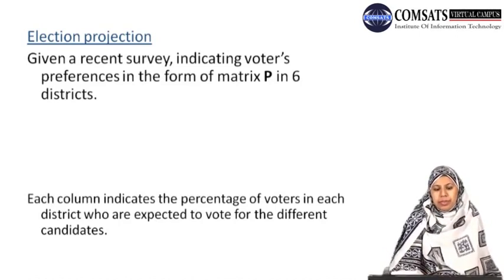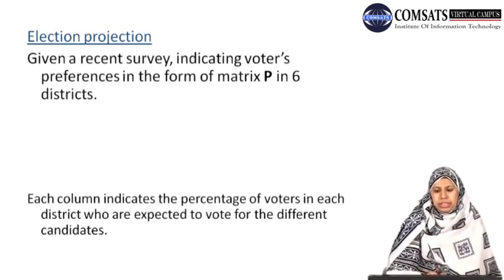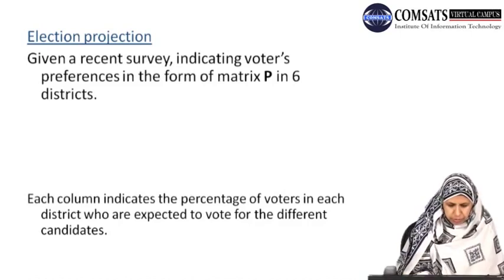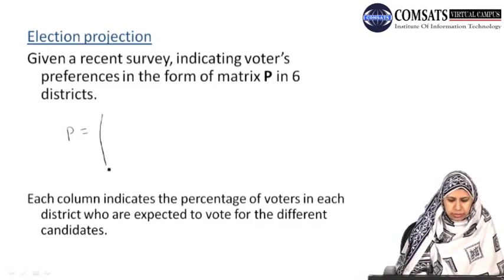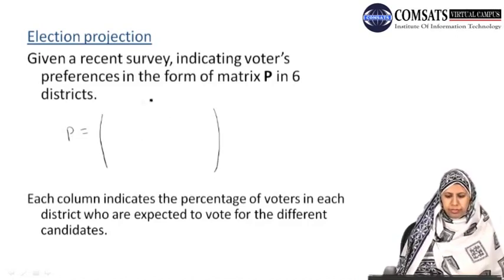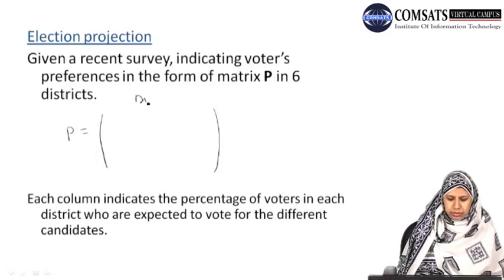First, for example, we are given a survey which indicates the voters' preference in the form of a matrix P in 6 districts. That is, our matrix P is given as: we have some districts and we have some types of candidates.